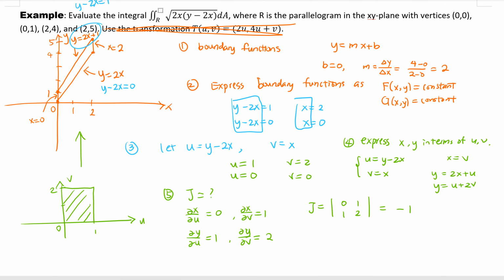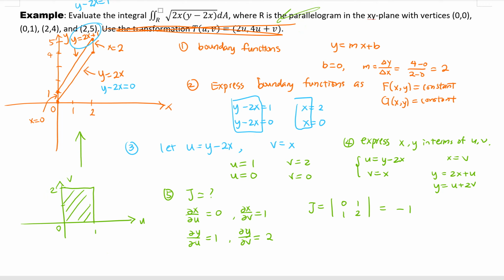Oh, you may notice that our transformation and the problem's are a little bit different. What they do is they let this guy be 2u, they let this guy be v, but anyway it will work. Our idea is to have a rectangle on the uv plane. So you can switch u or v, or you can scale.